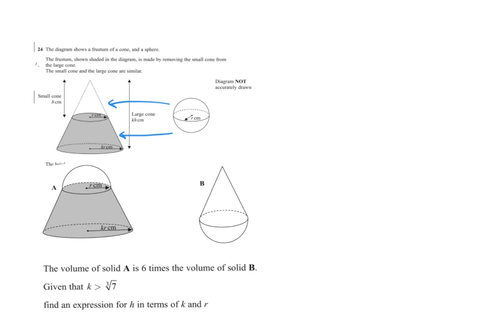We include a hemisphere with the small cone and the other hemisphere with the frustum, to make solid A and solid B. It's given that the volume of solid A is 6 times the volume of solid B. Given that K is more than the cube root of 7, find an expression for H in terms of K and R.